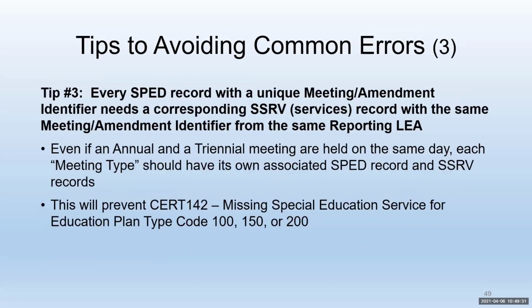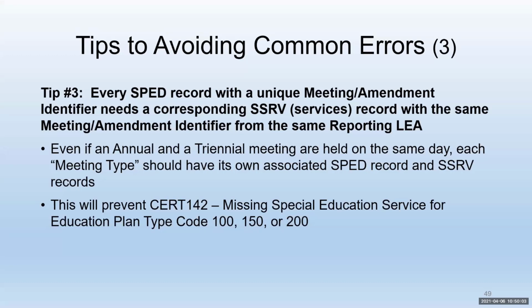All right, the next common tip is that every SPED record that has a unique meeting or amendment identifier needs a corresponding services record with the same meeting amendment identifier from the same reporting LEA. The CERT 142 error is generated if you're missing an SSRV record. This generally happens when a triennial and an annual are held on the same day.